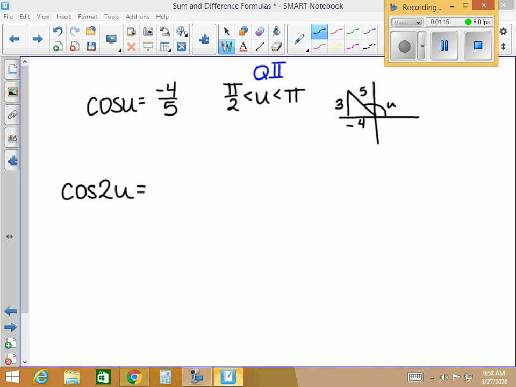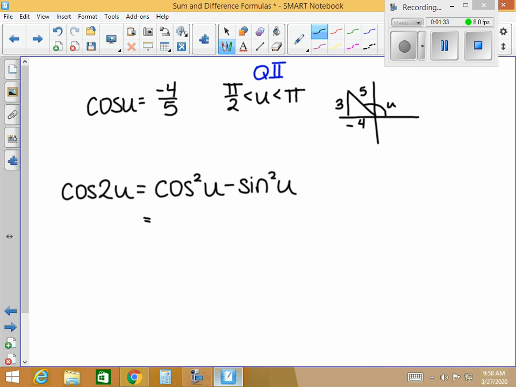And let's actually do this one 3 times, just so we can prove that we get the same thing no matter what. My cosine of 2u formula, there were 3 of them. We said we could take cosine squared u minus sine squared u if we wanted to. So the cosine of u, I was told what that is from the start, negative 4/5, and I need to square that.